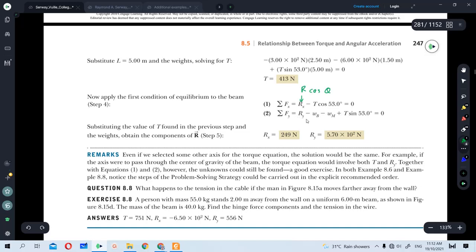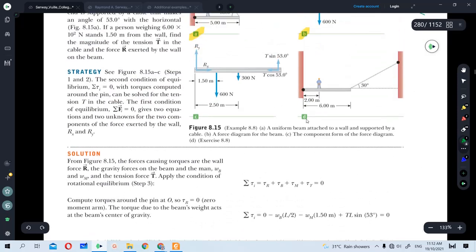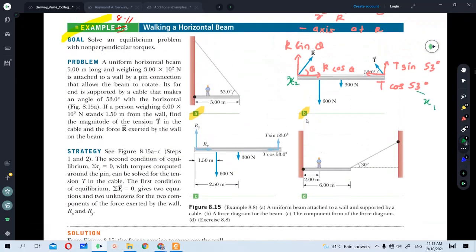in the Y direction, there was this value of number 1, Y1, number 2, Y3, and 4. So there are 4 elements altogether, and mathematically it should be R sin theta plus T sin 53 minus 600 minus 300 equivalent to 0.